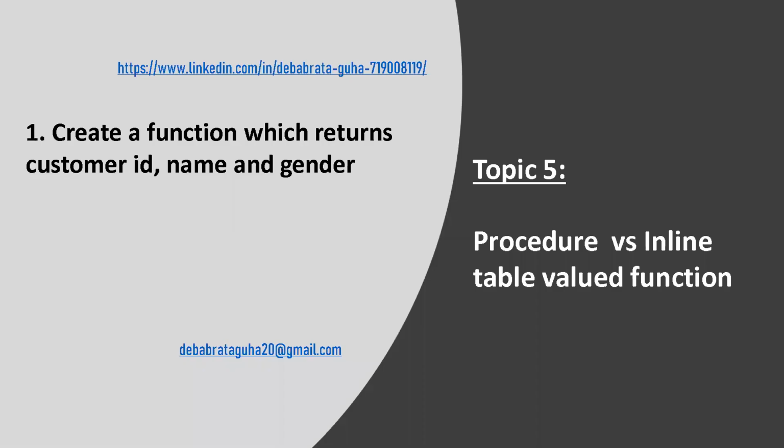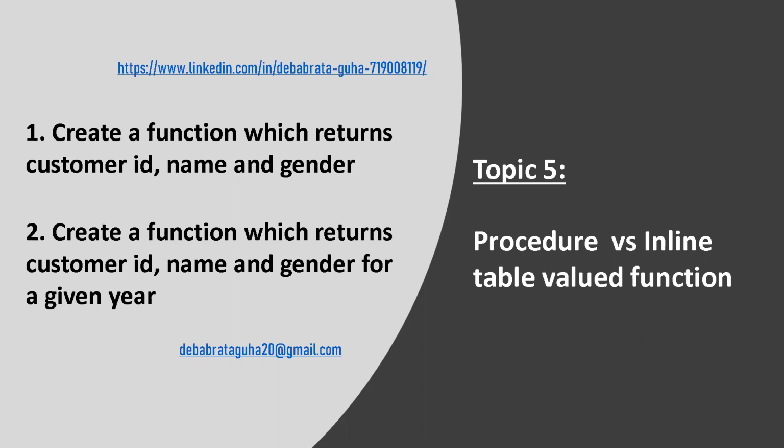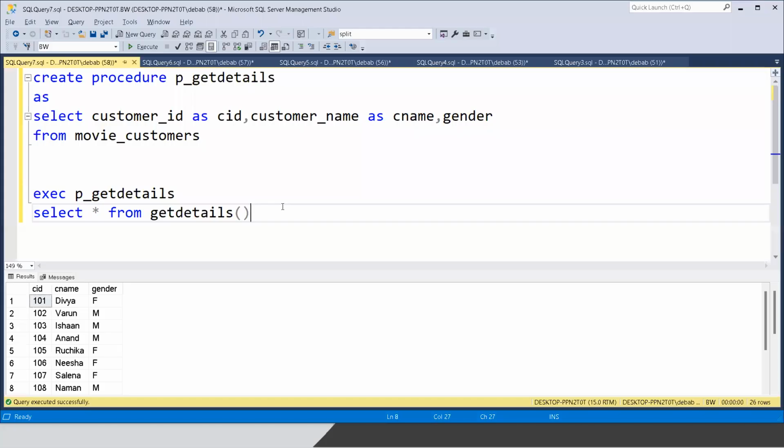So why did they invent the table valued function? That is a question. Let me try the next one. Can we give an input here? Can we give a parameter here like a year? Let me try to take a look. Let me try to create the same.